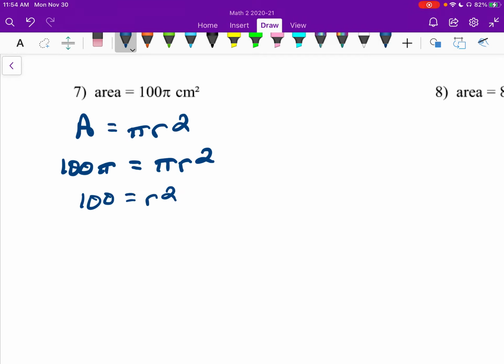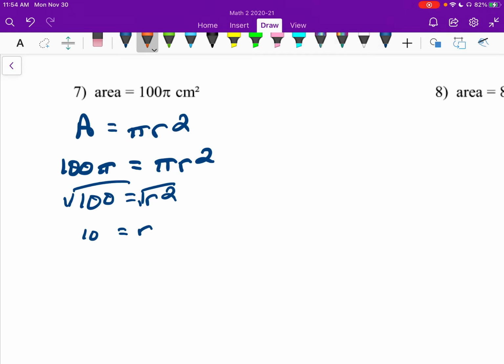I take my square root, square root, that's 10 is r. Remember, normally we have to say plus or minus there. Normally we'd say plus or minus 10. But because we're talking about shapes, we don't really care about the negative version because a negative side doesn't make a whole lot of sense.